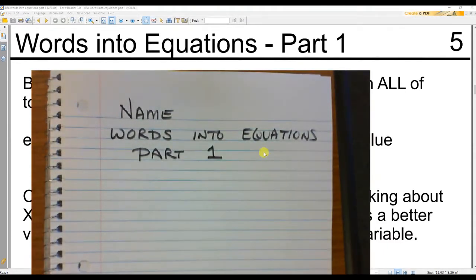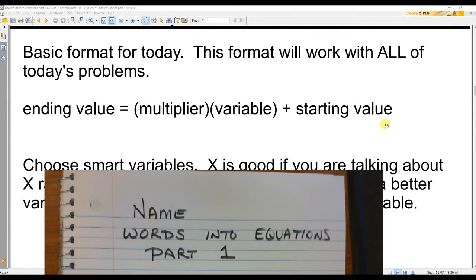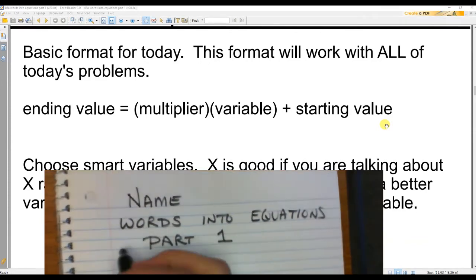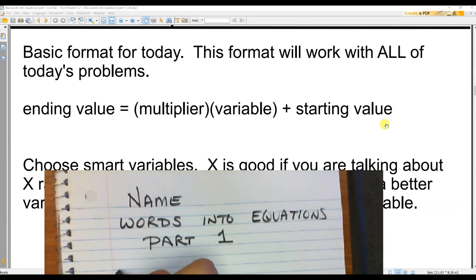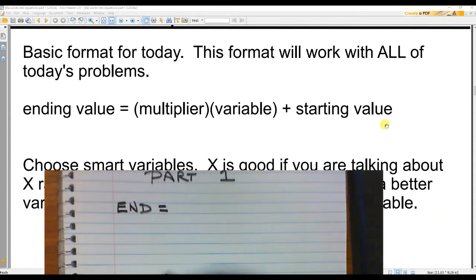So the idea is to take a word problem and turn it into an equation. Here's the basic format that we'll be using today. It's ending value equals a multiplier.